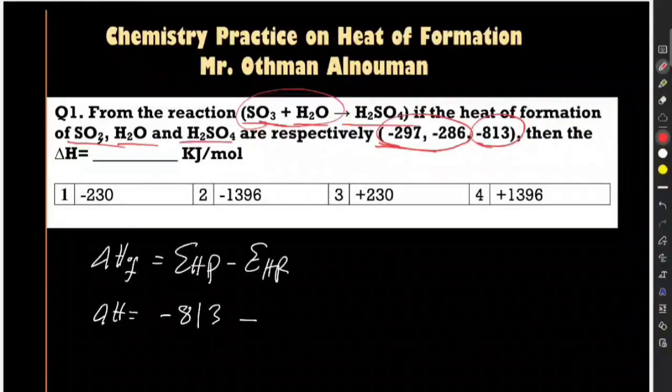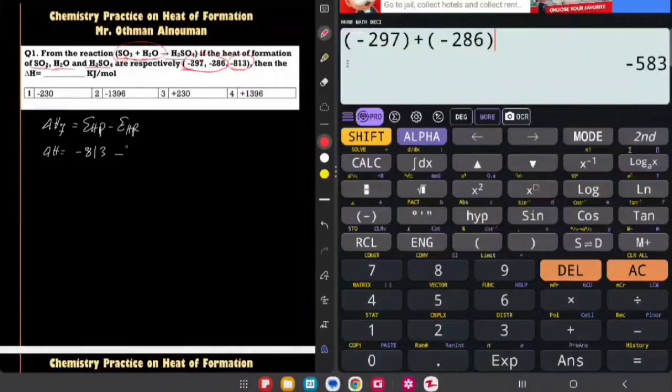So let's calculate this one. Negative 813 minus the total of the heats of formation of sulfur trioxide and water, which is negative 583. Now let's subtract this from this number.